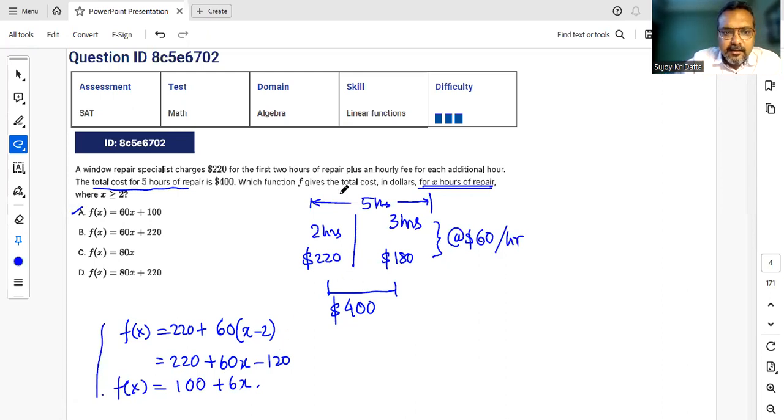What when we do it faster? We know that for 5 hours, the cost is 400, right? We just plug in x as 5 and check. So if I plug in x as 5, this is 300 plus 100, 400 is fine. This is 300 plus 220, that's not matching. This is 400 plus something, definitely not right. This also is 400, but then this implies that the cost is directly proportional to the number of hours.